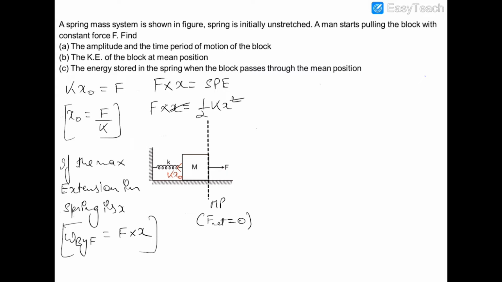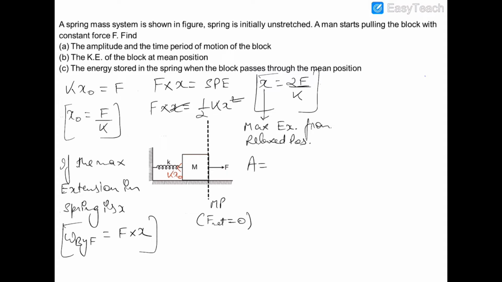Cancelling this x with x, the value of x is equal to 2F by k. So this is the maximum extension of the spring from the relaxed position.